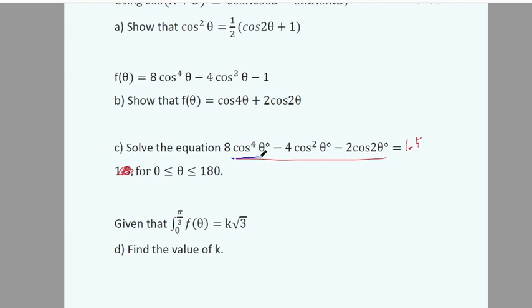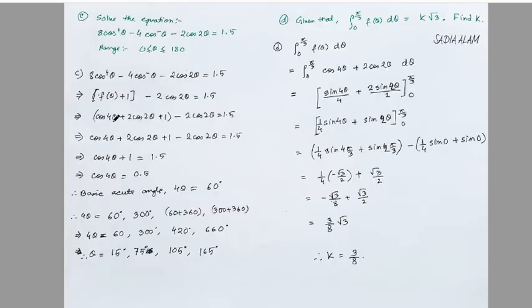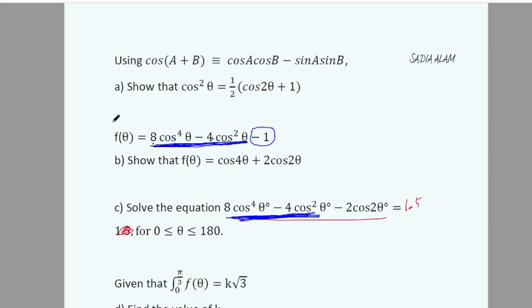So we just need to replace these two terms, 8 cos to the power 4 and 4 cos square. From this equation, this minus 1 should be shifted to the right side, right? So it will be plus 1. So that's what I'm going to do here. If you shift this minus 1, it's going to be plus 1, right?